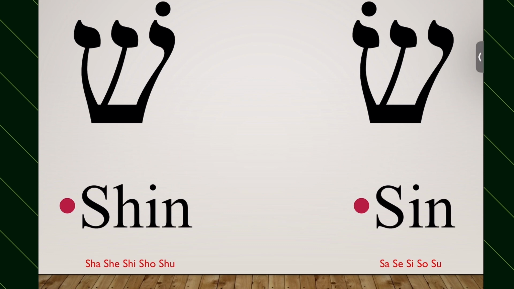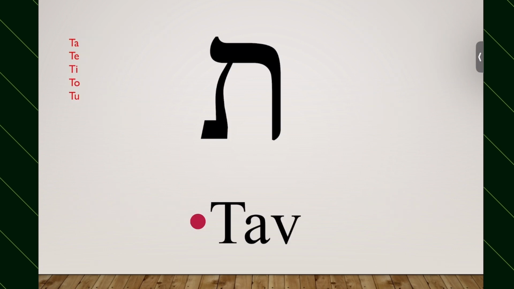If the dot is on the left side, we call it sin, which is sa, se, si, so, su. It's still a shin letter, but the official name would be sin with the dot on the left. Okay, so I have shin and sin. And the last letter, tav. Ta, te, ti, to, tu.